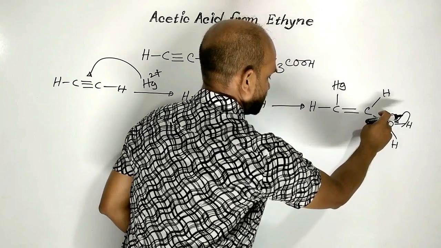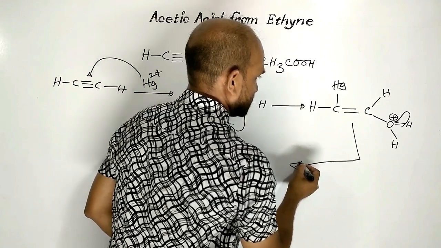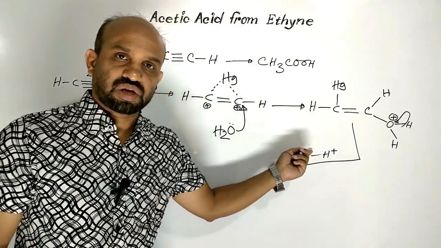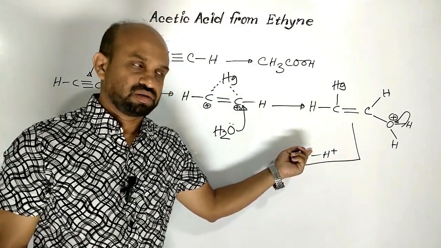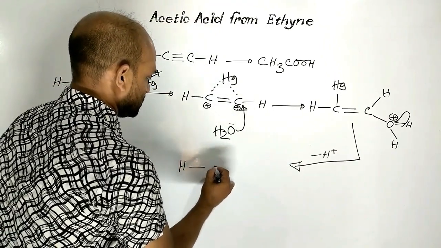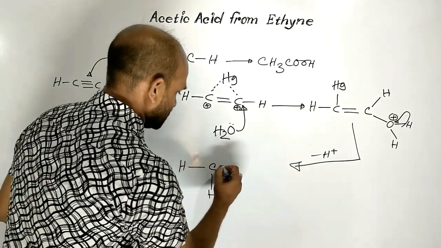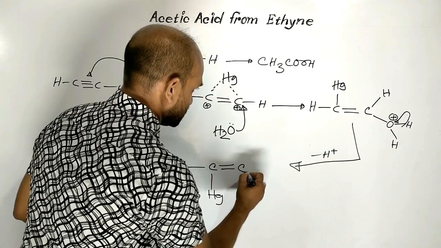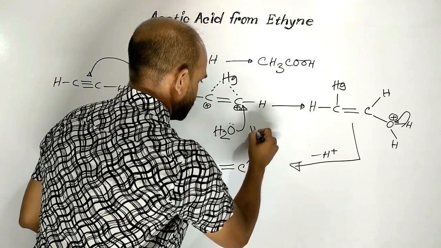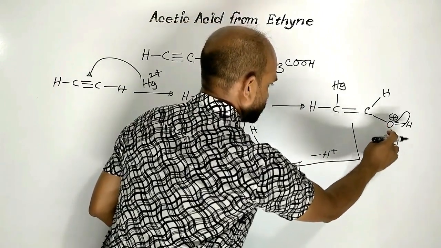In this way, this positive charge disappears, and as a result, this hydrogen comes out from the entity, and as a result, this is obtained: hydrogen, carbon, mercury. Here carbon-carbon double bond, then with this carbon OH group, and here hydrogen, this OH group.